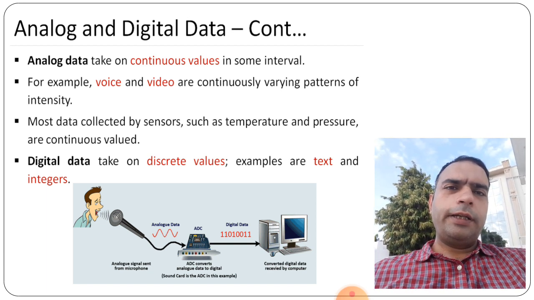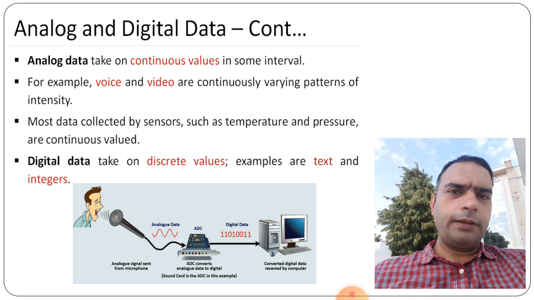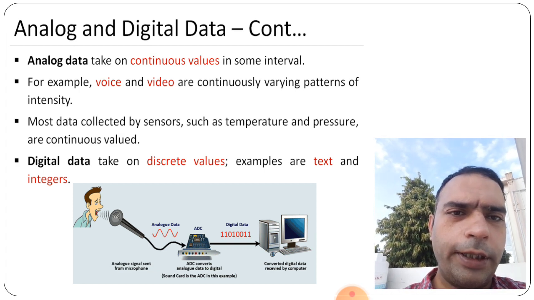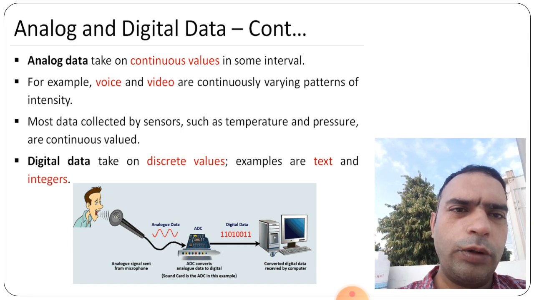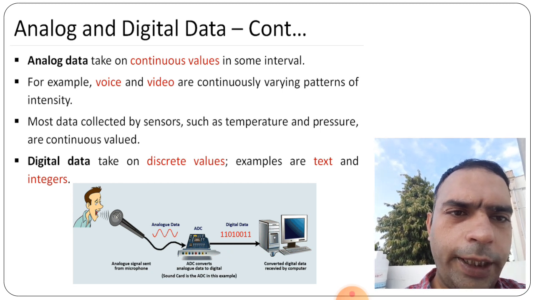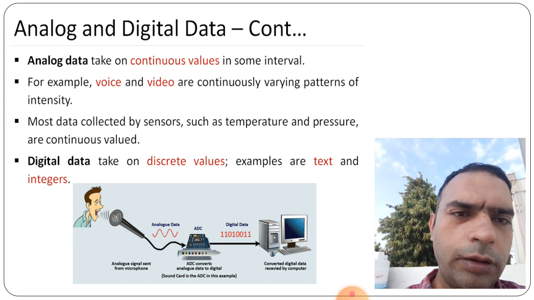Now digital data take on discrete values, for example text and integers, which are not able to change continuously. Here at the bottom an example is given: analog data given by voice through the mic is converted to digital through the ADC, a device that converts analog data into digital, using the sound card.